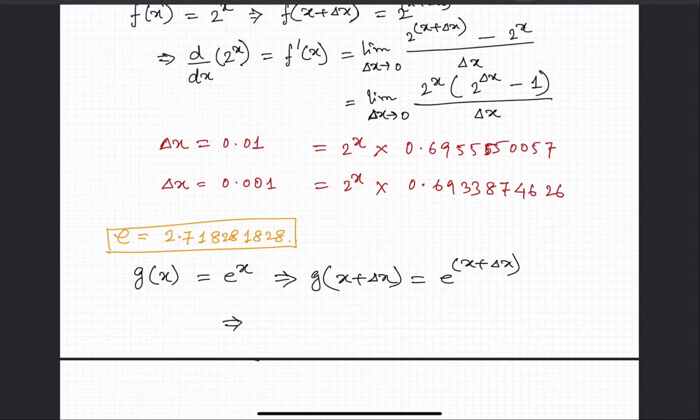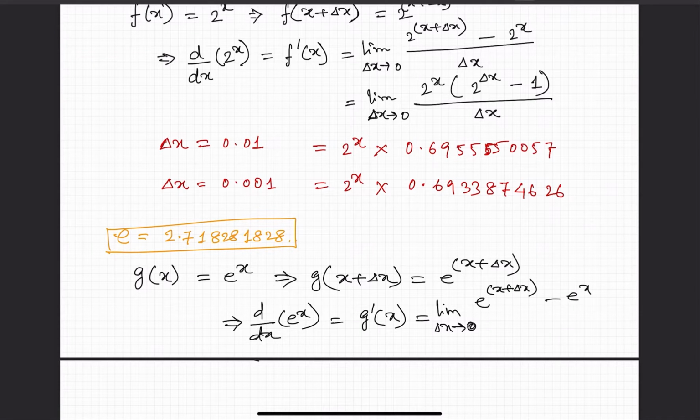Similarly, if we take the derivative of e to the power x with respect to x, this would be limit del x tends to 0, e to the power x plus del x minus e to the power x divided by del x.